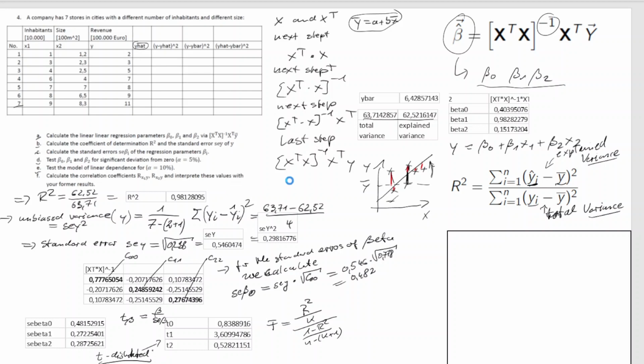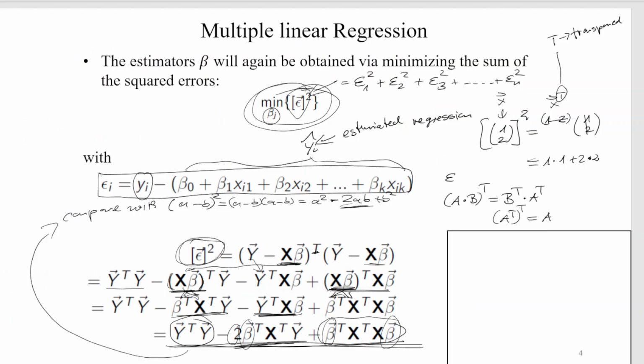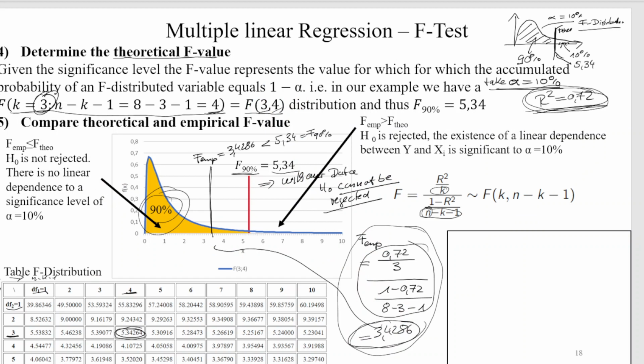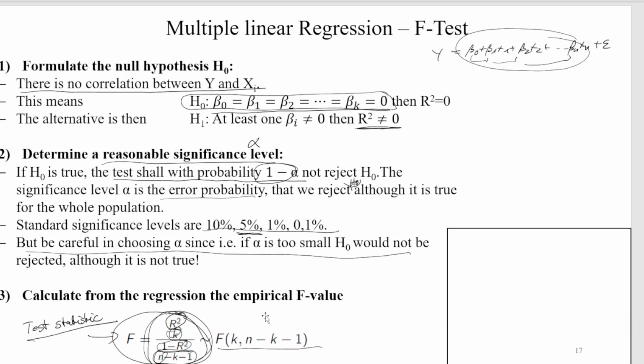But this I do not have in my head, so I just look it up. I'm back in a second. Where did we have the f value? This is here. So r squared over k, n minus k plus 1. This is also okay.